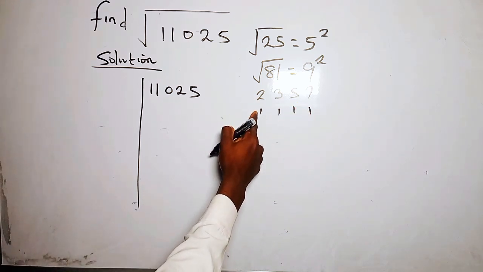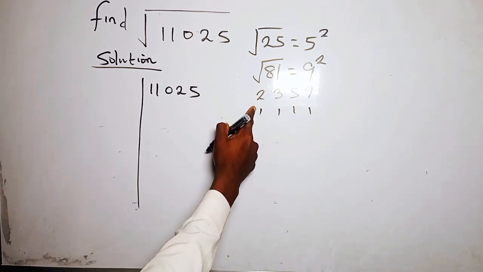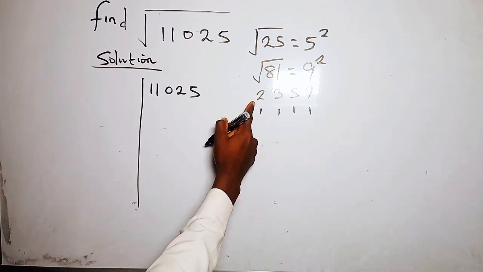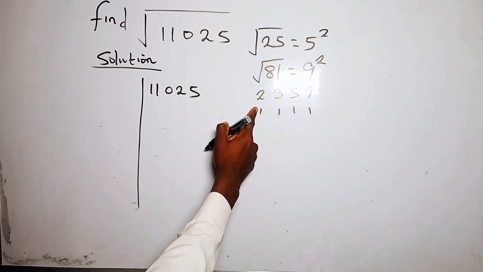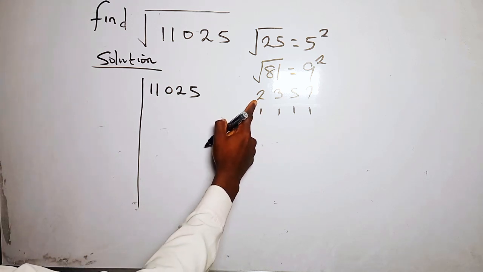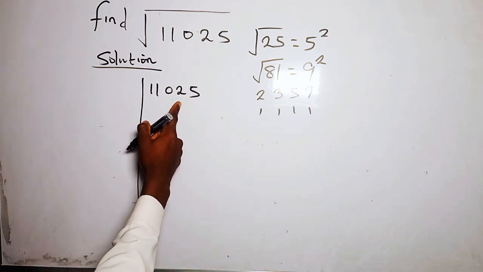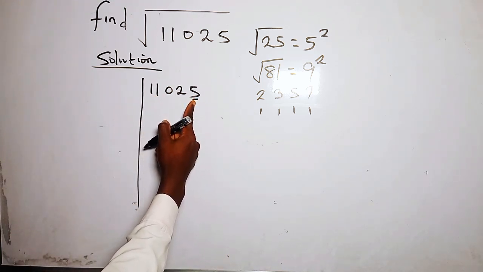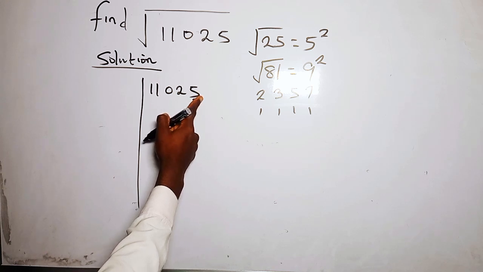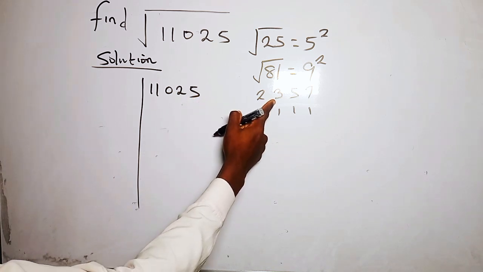So the only numbers that can divide a prime number are itself and 1. So let's start with prime numbers. Can we use 2? No, because the last digit here is not an even number, and it's not 0, so we can't start with 2. So let us start with 3.